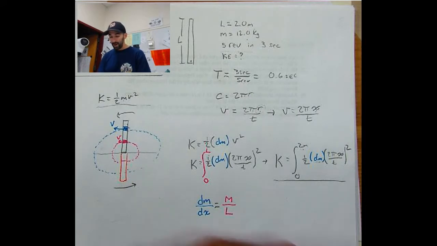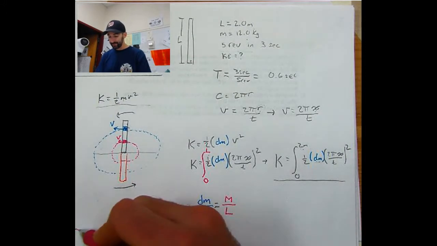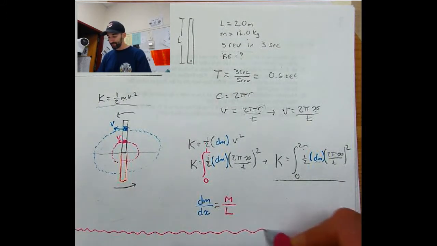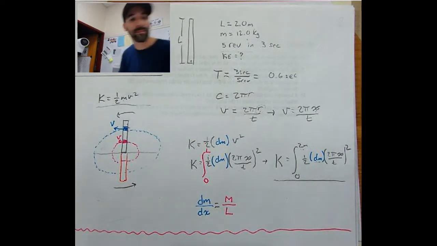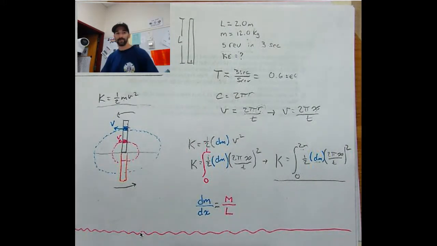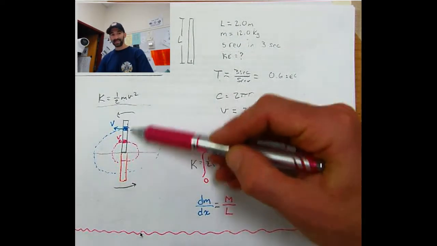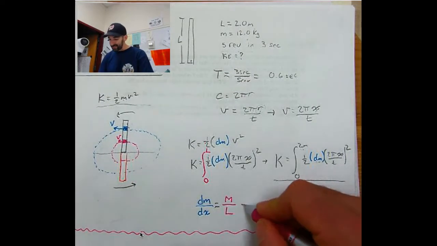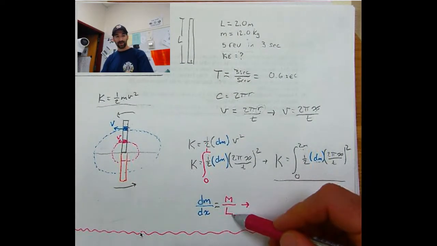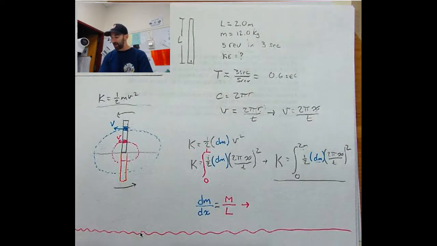If I now want to be very, very careful and consistent, this is specific for, sorry, computer's not plugged in. It almost went out. This is specific for this exact piece. I don't know why I drew that line there. If I want to be very, very specific, very general, I would essentially say not mass per L, because again, that's just for this bar.